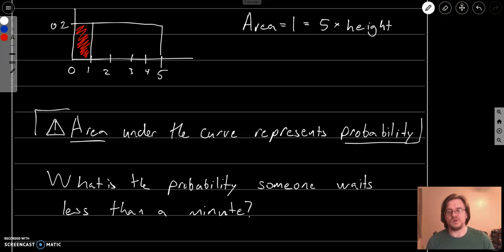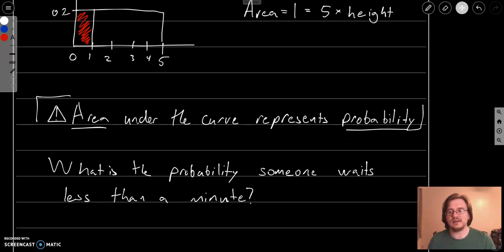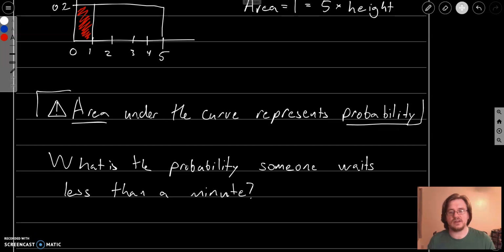Again, we want area to represent probability, and the probability that someone waits less than 1 minute is the probability that someone waits between 0 minutes and 1 minute. We were able to calculate the height. The height should be the value that makes the whole rectangle have area 1. And then we can calculate this area.